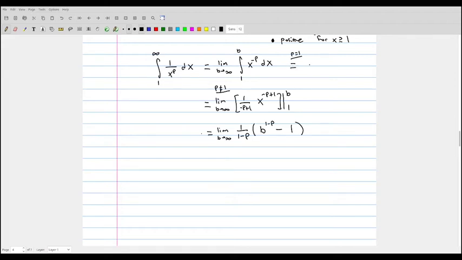If p is equal to 1, then you have a slightly different antiderivative. So you have two separate possible values for this antiderivative corresponding to what p is. When p is 1, you have the antiderivative of 1 over x, which is just the natural log of the absolute value of x, from 1 to b, or the limit as b goes to infinity of natural log of b minus the natural log of 1.